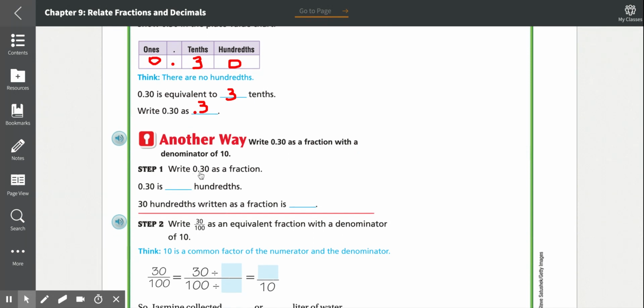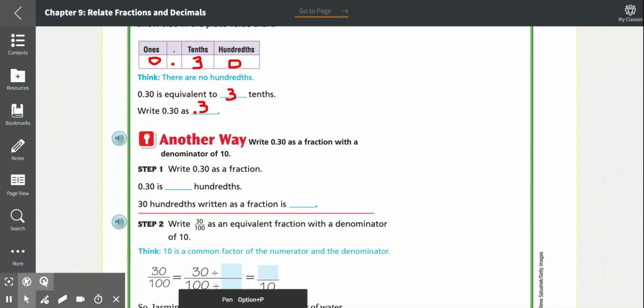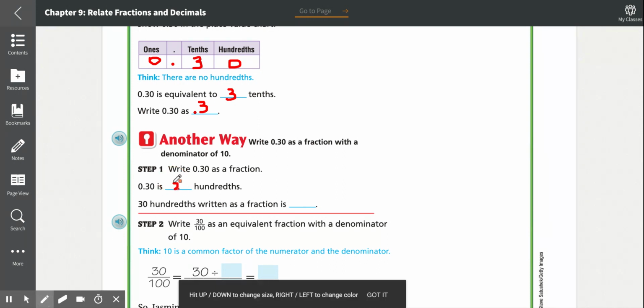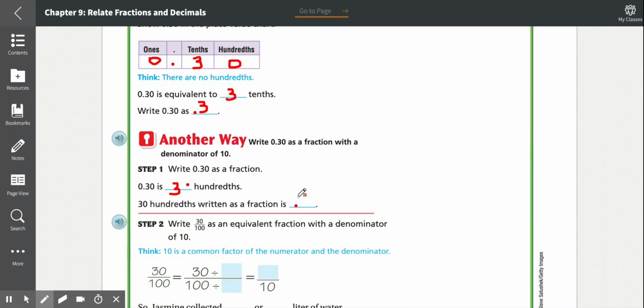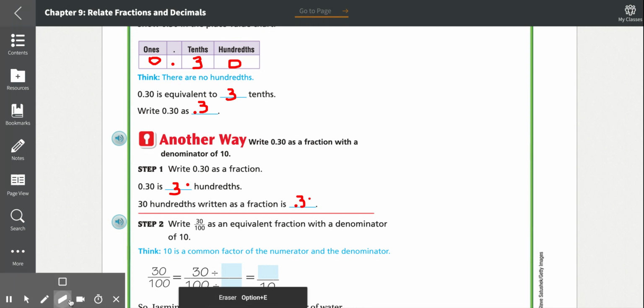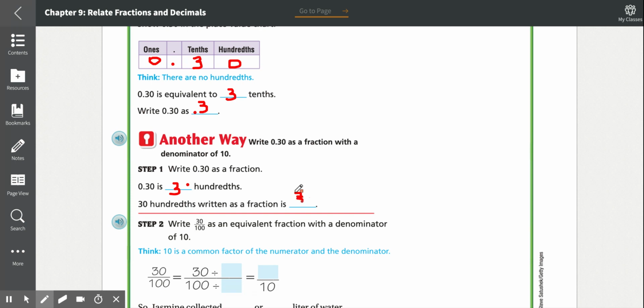So write 30 hundredths as a fraction. 30 hundredths written as a fraction, 0.30 written as a fraction, is 30/100.